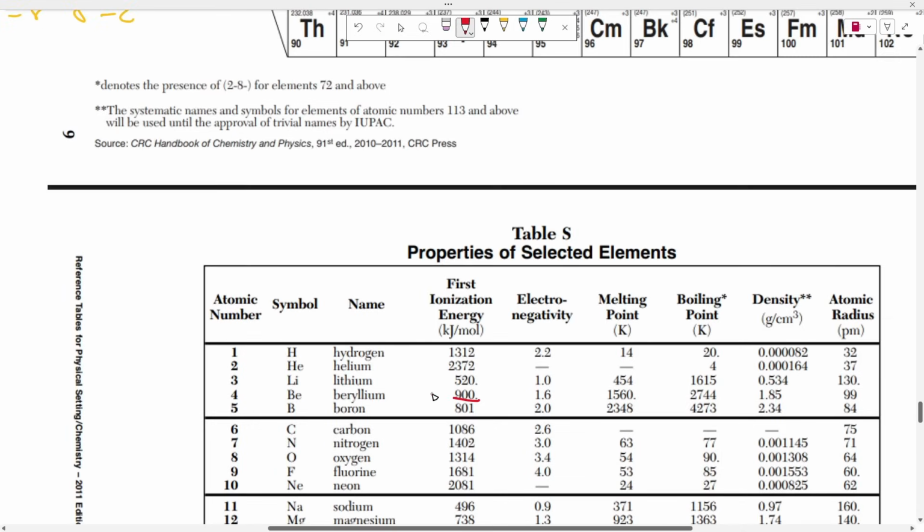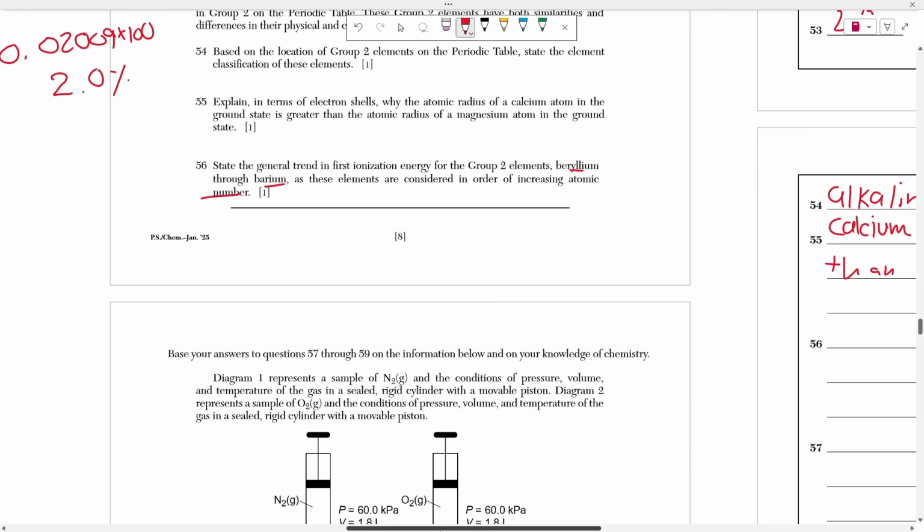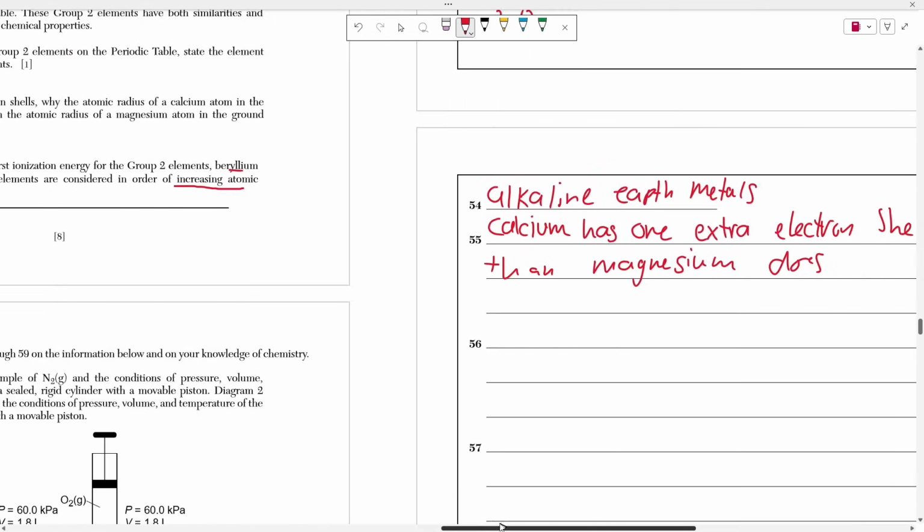So we can see here how beryllium had an ionization energy of 900, but all the way at the end of the group, we have an ionization energy of 503. So clearly the ionization energy decreases as you move down the group, which is done by increasing the atomic number. So all you have to do here is just state that trend.